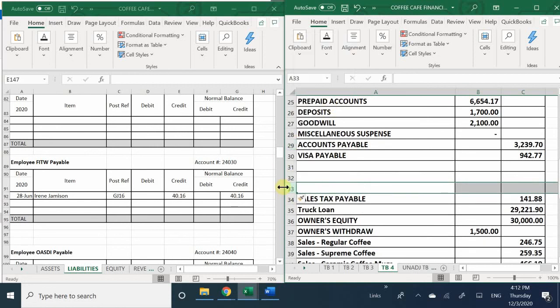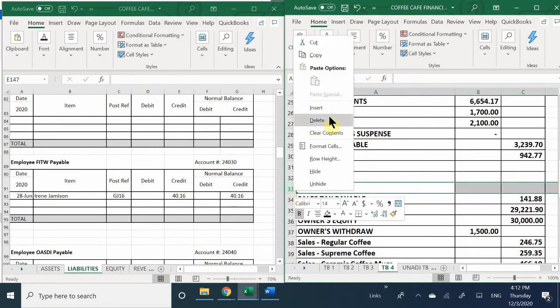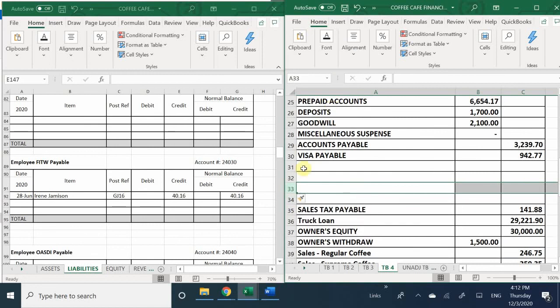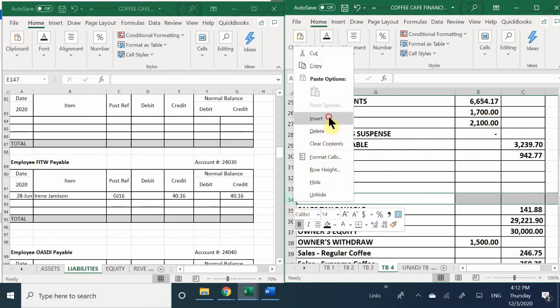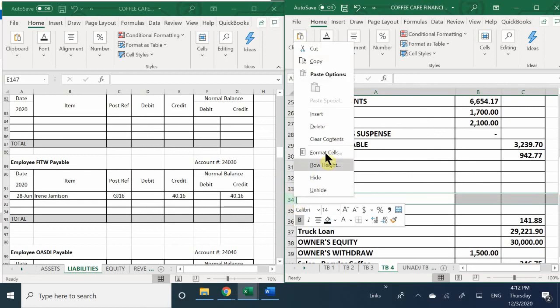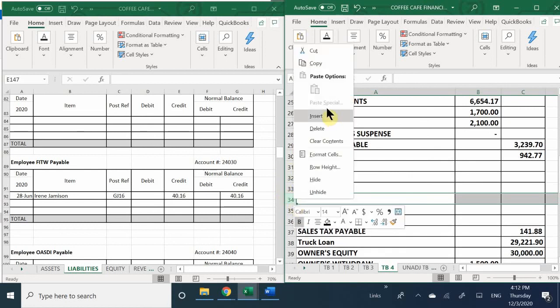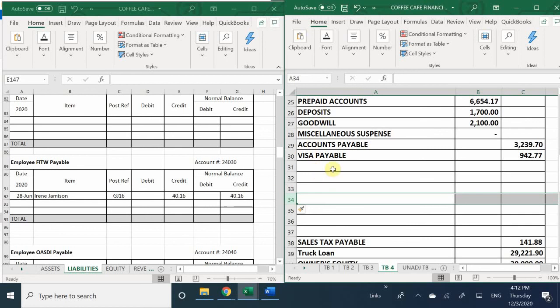There's OASDI, Medicare, FUTA, SUTA, workers comp, and FICA. Okay, so 1, 2, 3, 4, 5, 6, 7. I counted 7.